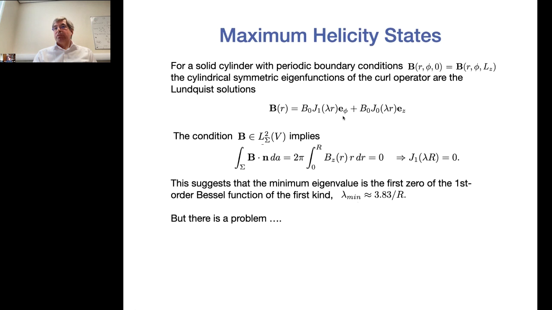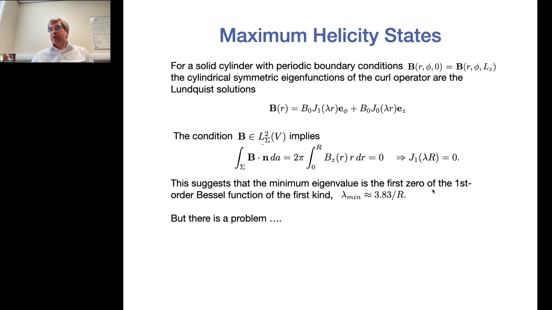If we use this form for our magnetic field and evaluate the condition that the flux across a given cross-section sigma has to vanish, then we end up with the condition that the first Bessel function of lambda times R, where capital R is the boundary value, has to vanish.